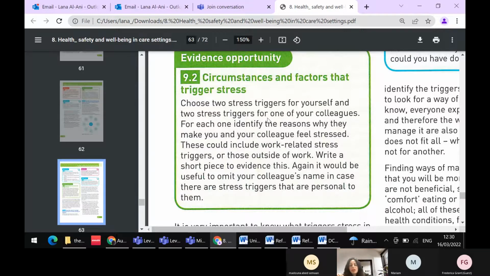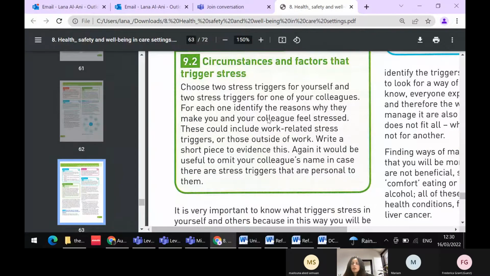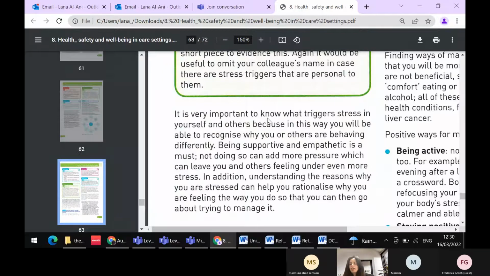Another situation where you can get stressed. Can you think about another situation? It's handling one of the situations where you haven't got proper training and your manager is not there. This could trigger stress.